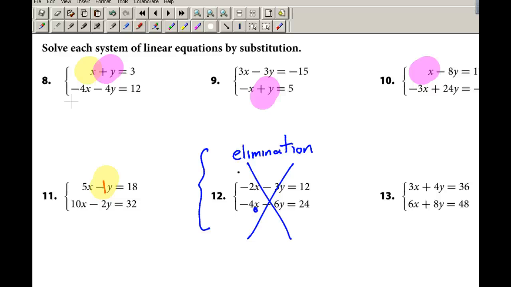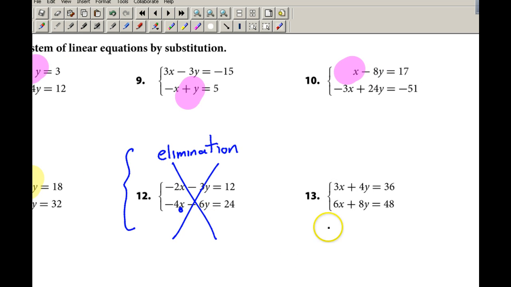Take out a paintbrush. So depending on what you're trying to do, you take out the right tool. On this, these are set up for substitution really easily, so we're going to use that tool. But if they're not set up for substitution, there's going to be a different tool for that. We're going to use elimination, and we'll talk about that tomorrow.